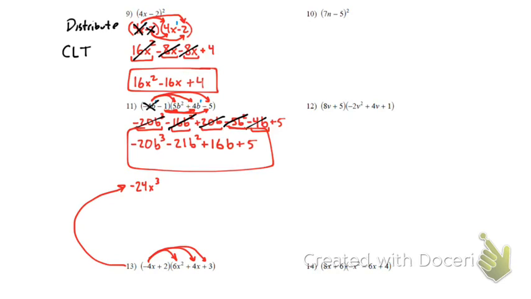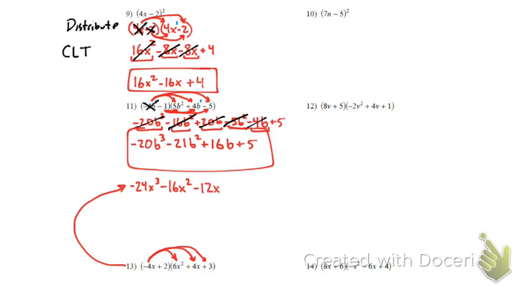Negative 4x times 4x. That's going to give me negative 16x squared. Negative 4x times 3, that's negative 12x.